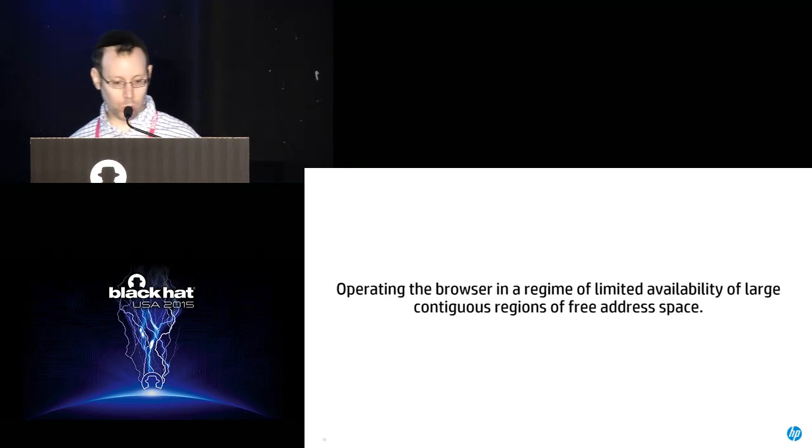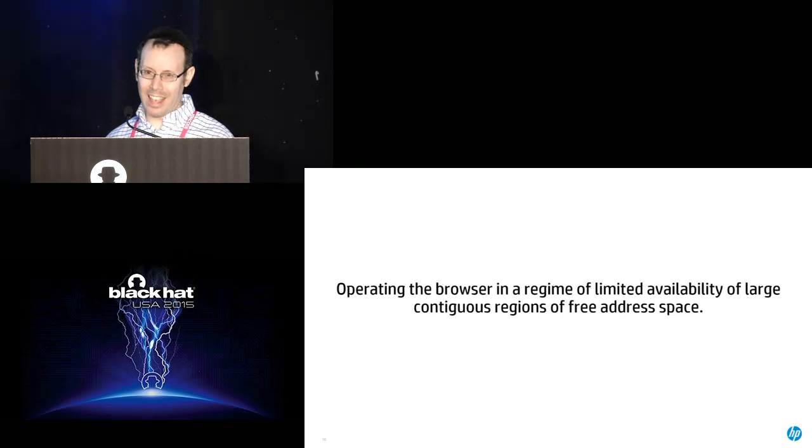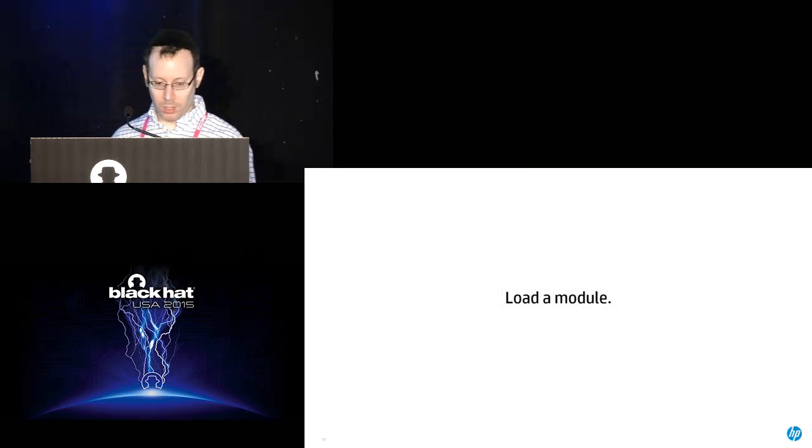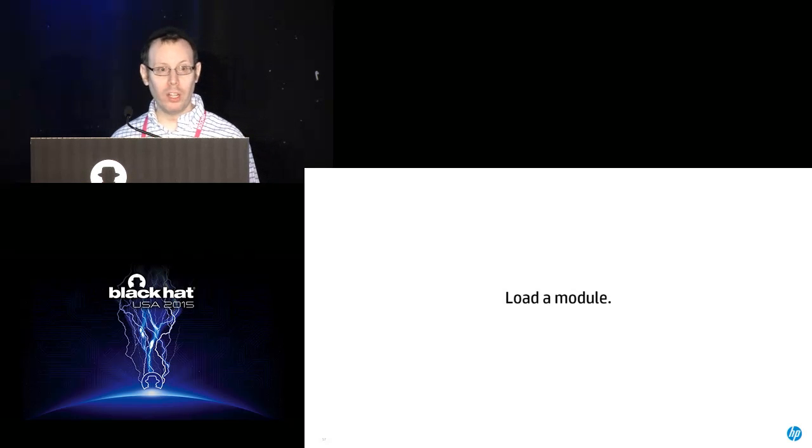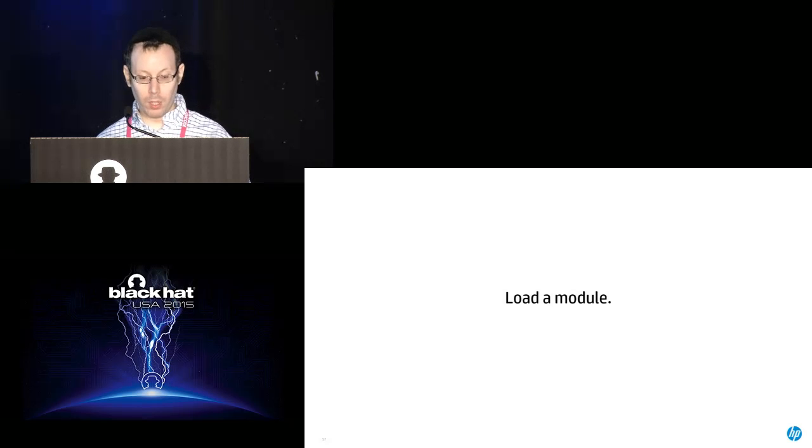How can we make good use of this ability? What can an attacker gain from knowing the address of a hole in the address space? We can load a module into it. We can start by creating a hole that's exactly the right size for loading a particular module. Then, using the memory protection oracle, we leak the address of the hole.